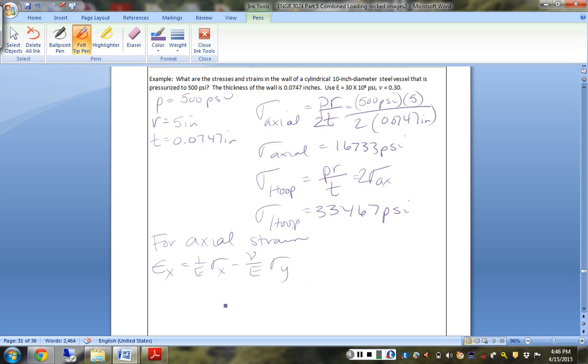We pull out the 1 over E: axial minus nu hoop. Notice I just changed my subscripts, X and Y, to axial and hoop. That equals 1 over 30 million times 16,733 minus 0.3 times 33,467.